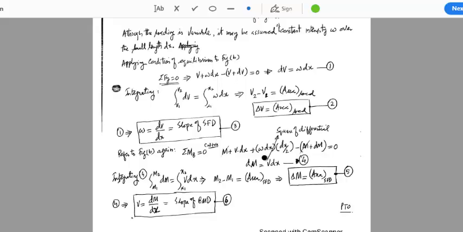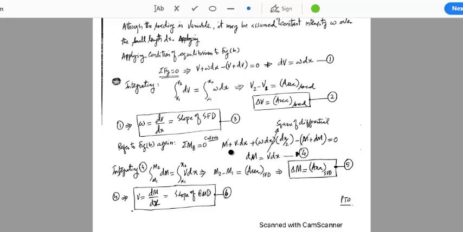For example, the square of 2 is 4, and 4 is a bigger number than 2. But the square of 0.5 is 0.25, which is even smaller than 0.5. So if we have a differential element, its square is extremely small and it can be neglected. So we'll just cancel that term out here. If we simplify this expression, we get dM is equal to V dx.